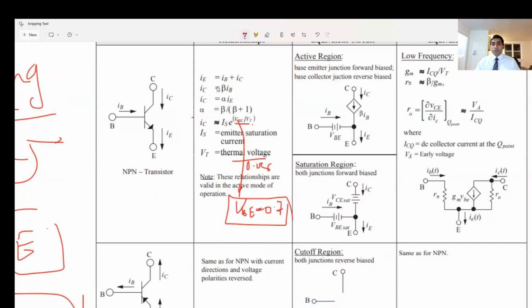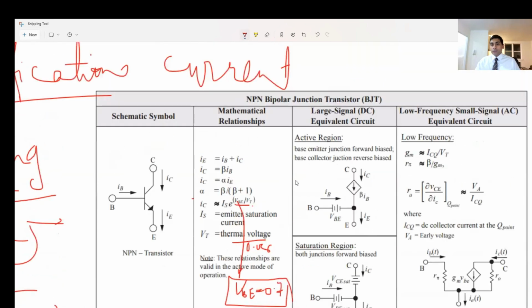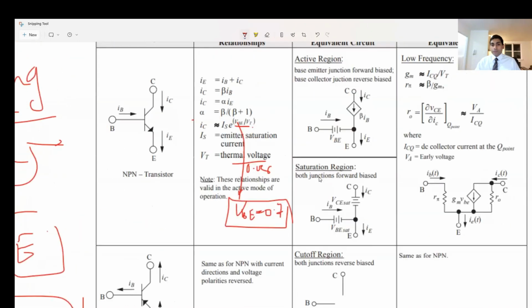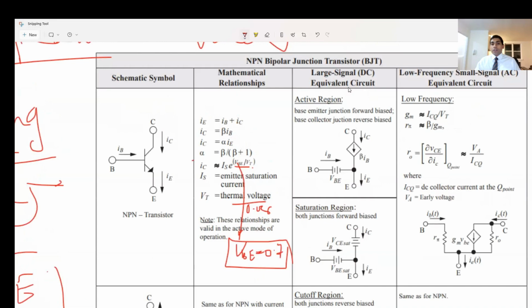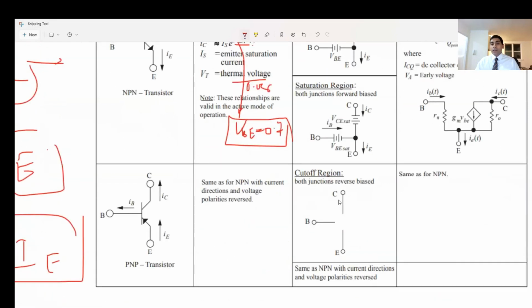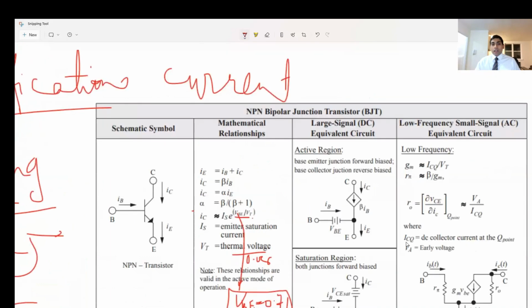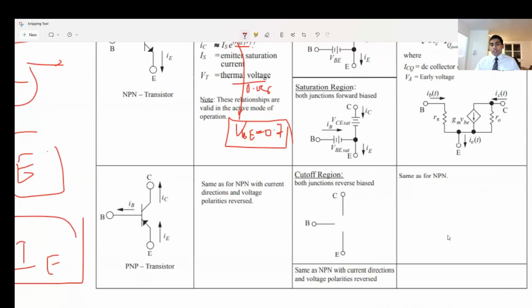Now, you basically have to know this couple of equations, not many. But what you need to know over here is that a transistor can operate in three regions. One is the cutoff region. It is in this region where it would work like an open circuit. As I said, it works as a switch, right?